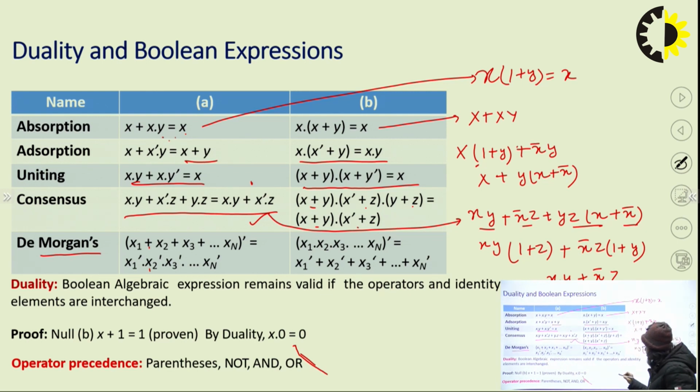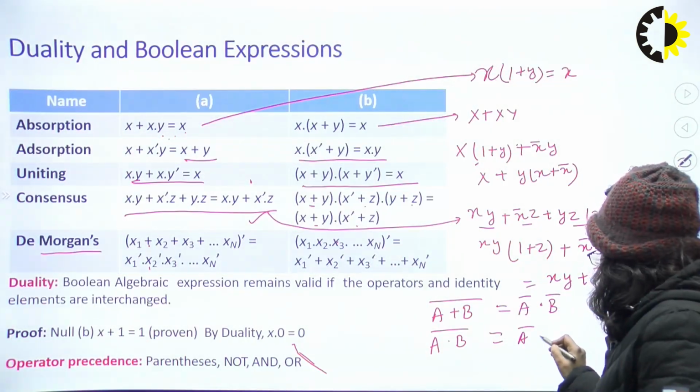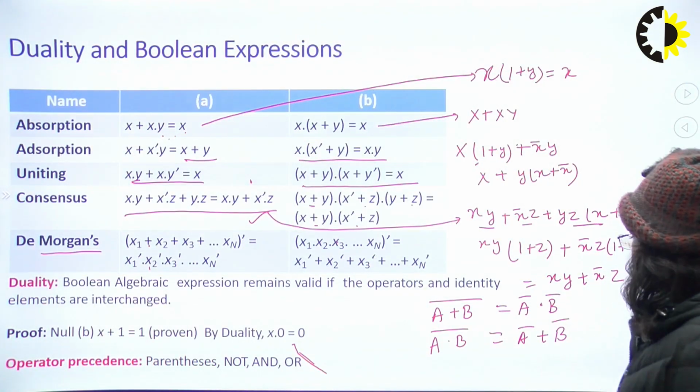Or we can simply say that for two variables, (a plus b) bar is a bar dot b bar. So, De Morgan is used to convert any addition equation to product equation and vice versa. Similarly, (a dot b) bar is equal to a bar plus b bar.